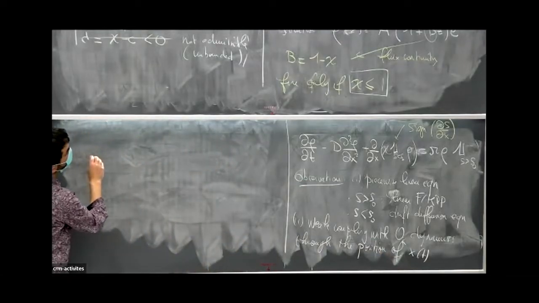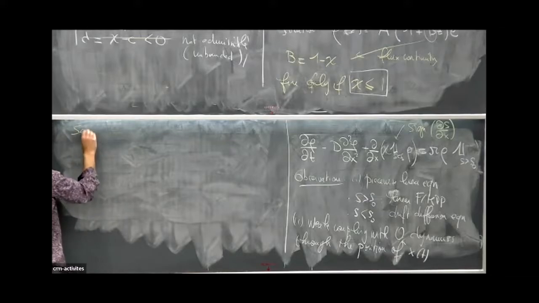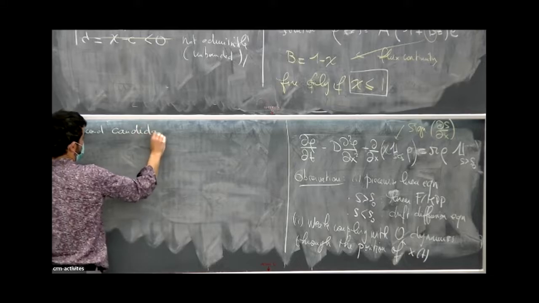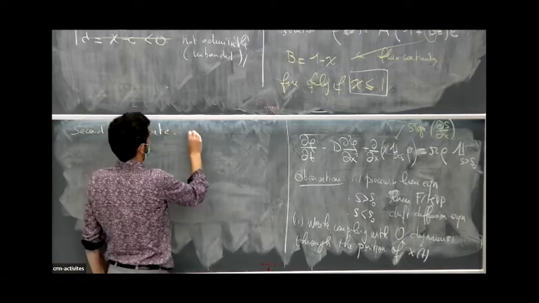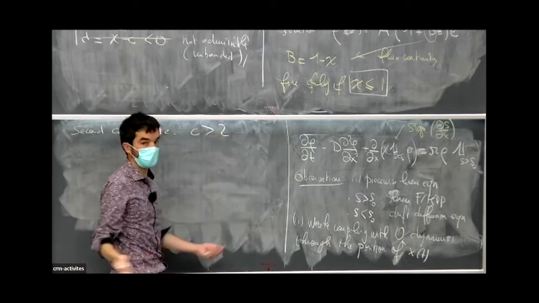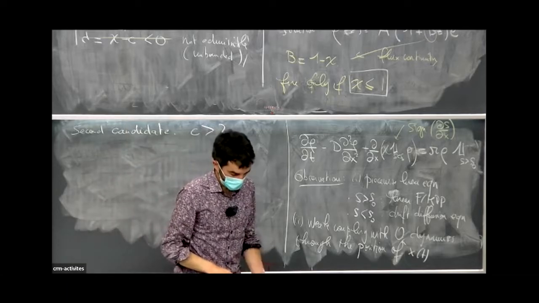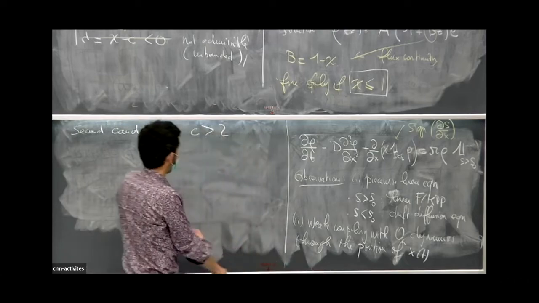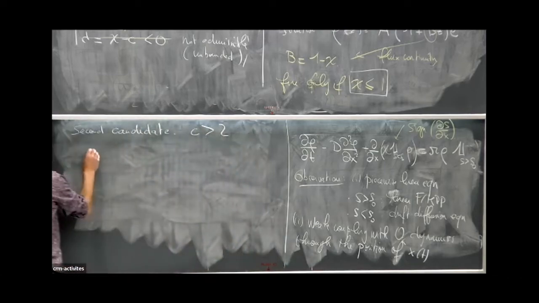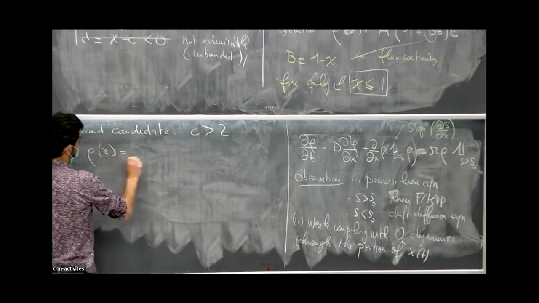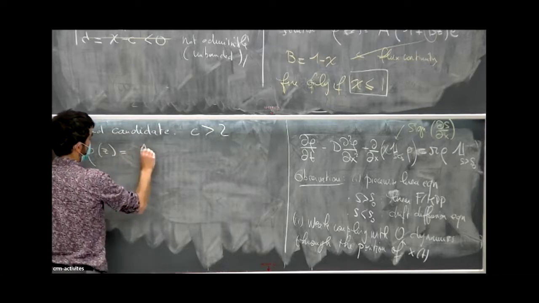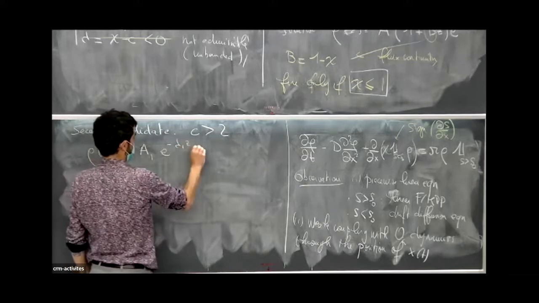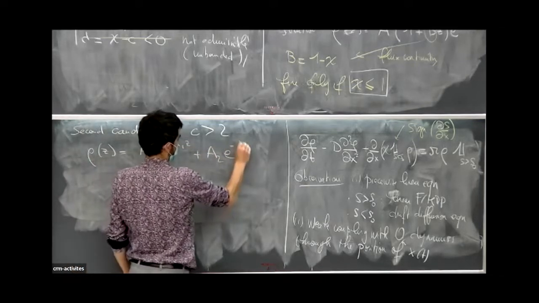So second candidate is c larger than 2. Okay. But what could it be? In that case, of course, you have to compute. So in that case, there is no double root, and you expect that rho of z might be some, let's say, a1 exponential of minus lambda 1 z plus some a2 exponential of minus lambda 2 z.